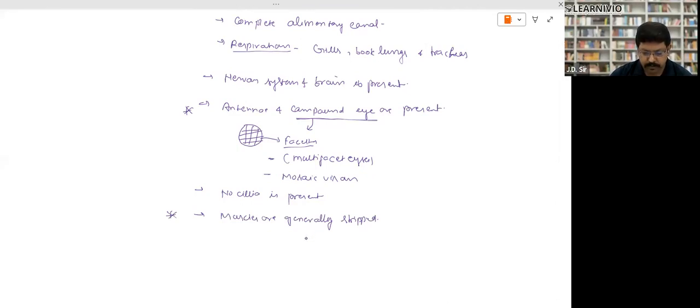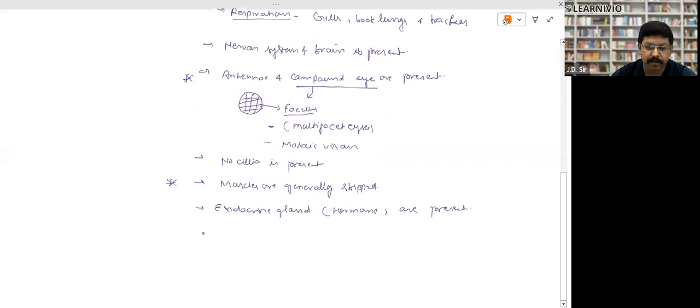And endocrine glands are present, meaning hormones are present. Endocrine glands, that is hormone glands, are found, and they show sexual dimorphism.